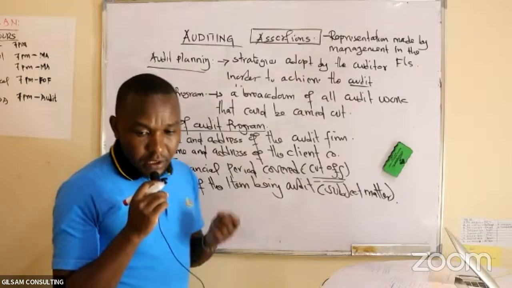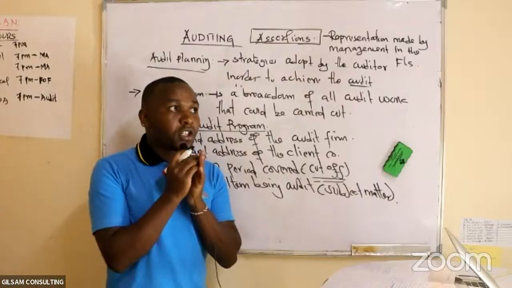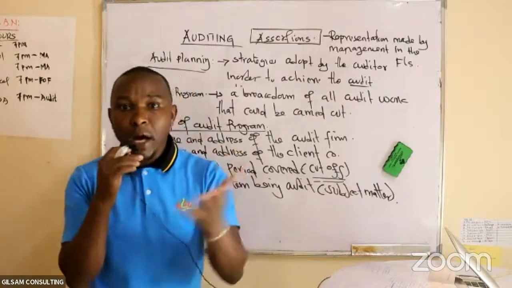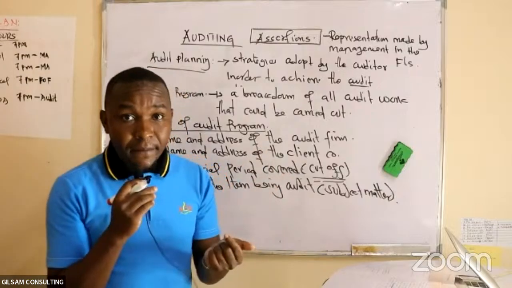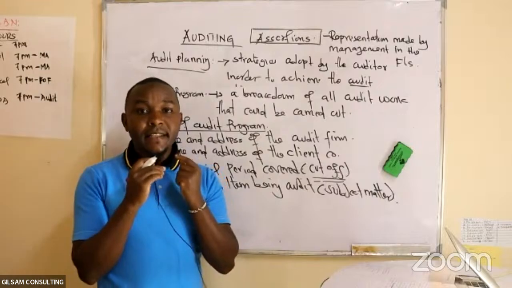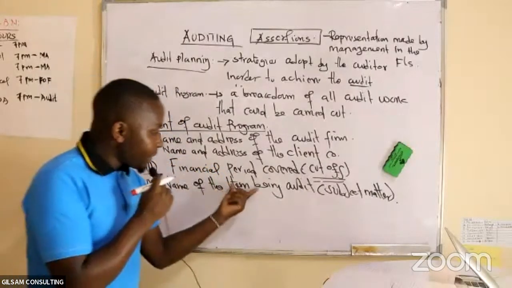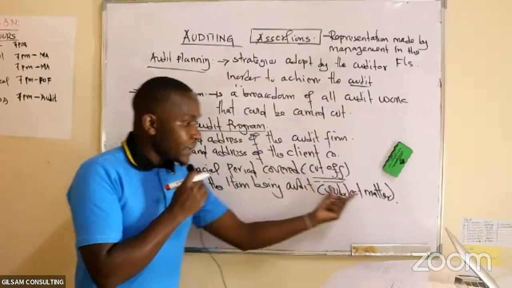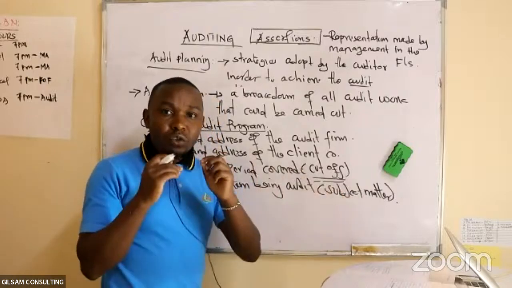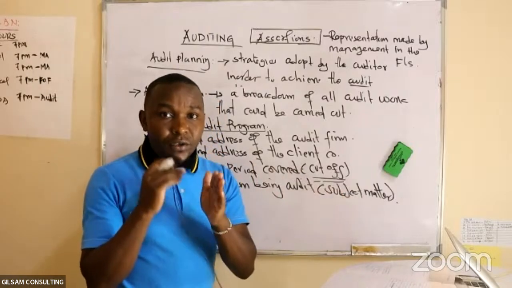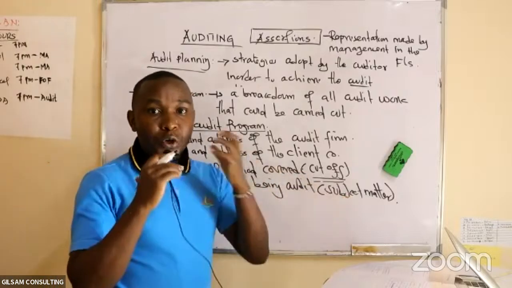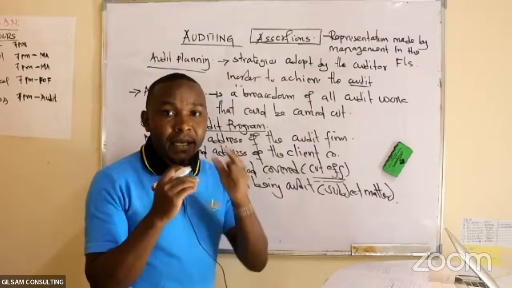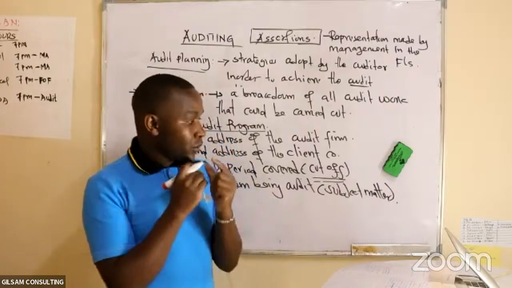Remember, when carrying out the audit, you don't just wake up and say we are going to do an audit of ABC company. What are you going to test in that ABC company? That is what we refer to as the item, or the subject matter. If we are going to do an audit of stocks, that is the subject matter. Or we are going to audit procurement, specifically quotation.